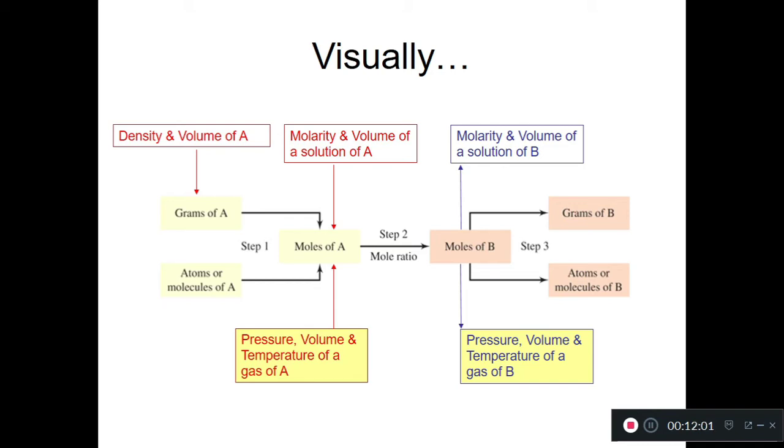The one thing that is constant about all stoichiometry problems is there's going to be a coefficient mole-to-mole ratio. That's step 4 of my steps, and that's going to be common to every single stoichiometric problem. I might have no conversions if I'm given moles, or I may have to convert from pressure and volume and temperature, or from molarity and volume, or from density and volume to grams to moles with a molar mass. So the conversions may change, but the general concept of a stoichiometric problem is going to stay the same.